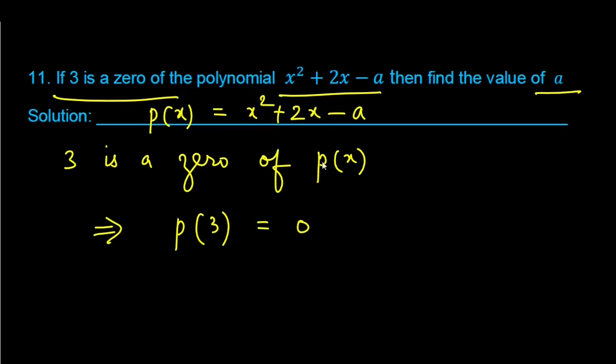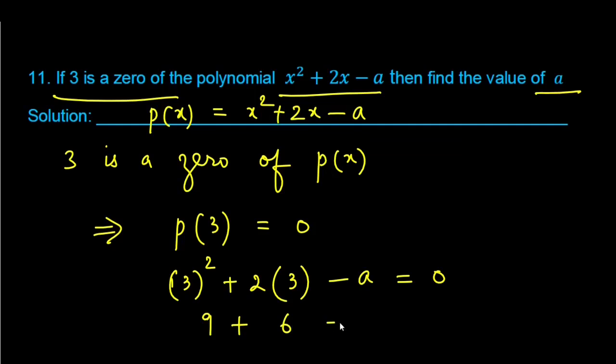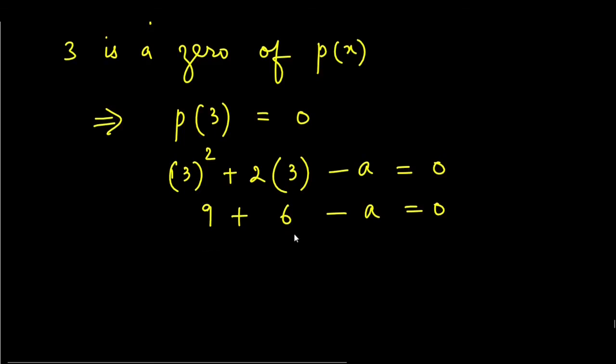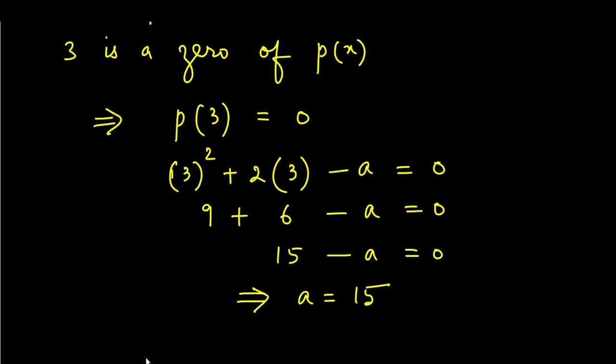What is p of 3? X square, so 3 square, plus 2 into 3, minus a as it is. This should be equal to 0. Here 9 plus 6 minus a is equal to 0. 9 plus 6 is 15, minus a is equal to 0. This implies a is equal to 15. Therefore, the value of a is 15.